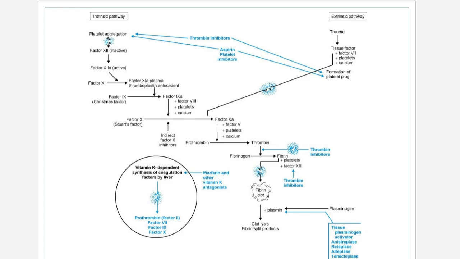So we have to take these anticoagulants or antithrombin medications or antiplatelet medications that we give our patients very, very seriously, because since we are delaying clotting and not having that cascade effect occurring, our patients are very much at risk for bleeding. So we have to watch to see when that first starts occurring, so we can hopefully reverse the medications that we give our patients to prevent them from having a very, very serious bleed. Okay, so hopefully that makes sense.